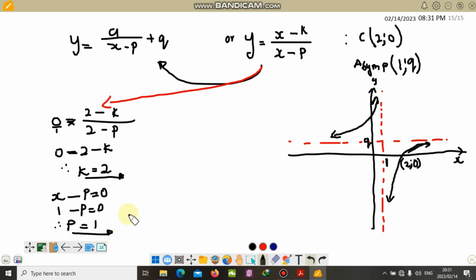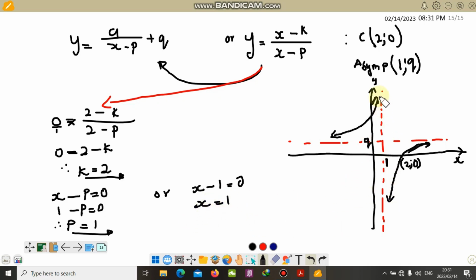I hope you saw that, guys. Or you can just say, from here, we know that this value represents p, right? From our formula, remember our formula, x minus the value of p, and we already know that is 1. X minus 1 is equals to 0. So x equals to 1, that point.